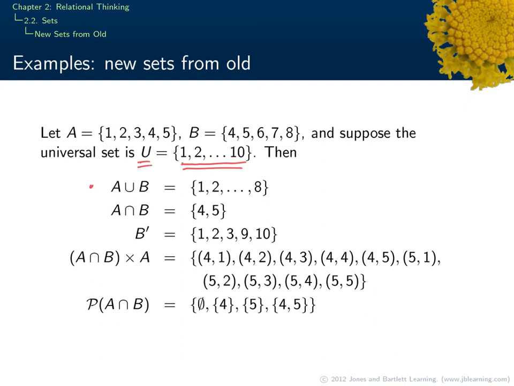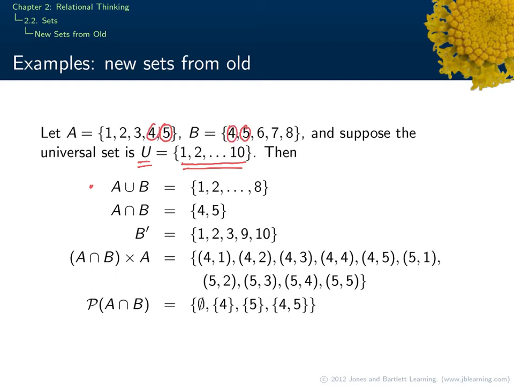So that is all of the objects that are either in A or in B. So 1, 2, 3, 4, 5 are in A, so they're automatically going to be in A union B. And then I throw on the remaining objects in B. Now, one thing you might notice is that 5 occurs in both A and B. In fact, 4 does too, right?